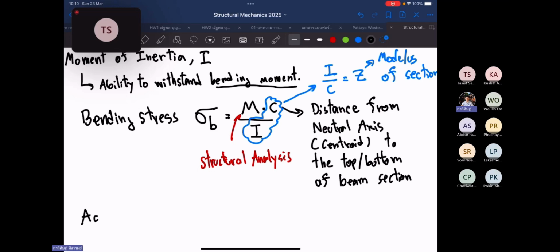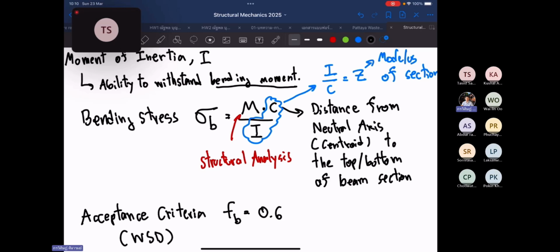Okay, so acceptable criteria. Okay, the acceptance criteria of bending stress for working stress design is typically 60% of the yield strength.